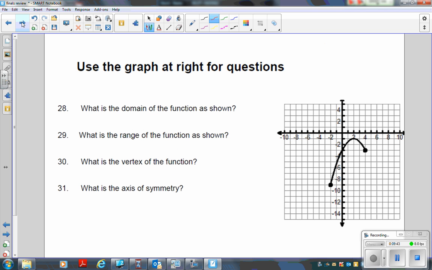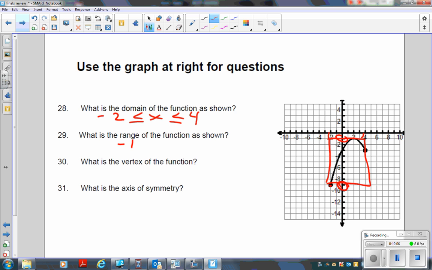Use the graph to answer the questions and ask for the domain and range. Again, for domain and range, all you got to do is draw a box around it. And for the domain, we're looking for the x. And it looks like -2 to 4. For the range, we're looking at the y.